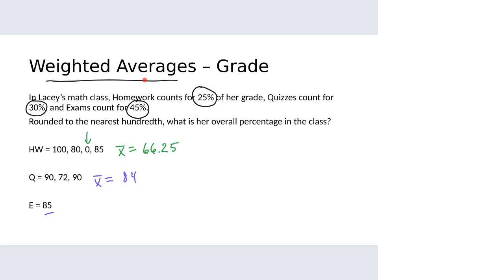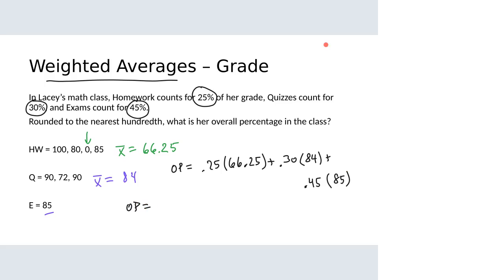And so in order to find her overall percentage, I'll just call that OP, overall percentage, we're going to take 0.25 and multiply that by her homework average, plus 0.30 and multiply by her quizzes average, and then 0.45 and multiply by her exam average. Now we just need to simplify that, and we'll have her overall percentage in the class.